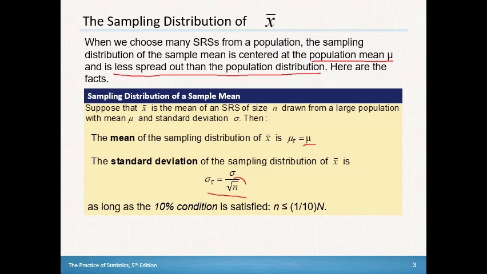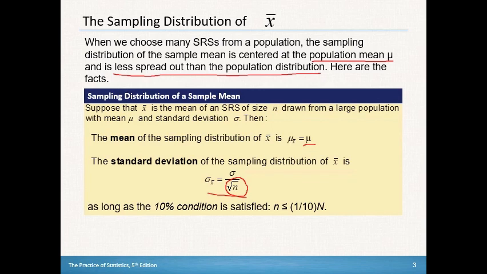And you can notice that the square root of n, which is our sample size, is on the bottom. So the bigger the n is, right? If we were just going to sample one, then we really wouldn't call it a sample distribution. We would just be the distribution would be the population distribution, and so the standard deviation of the sampling distribution would simply just be sigma.